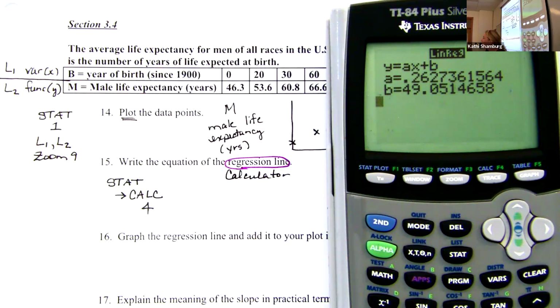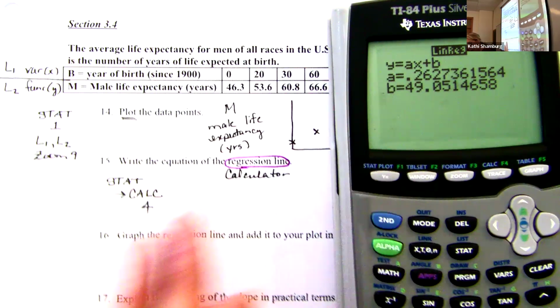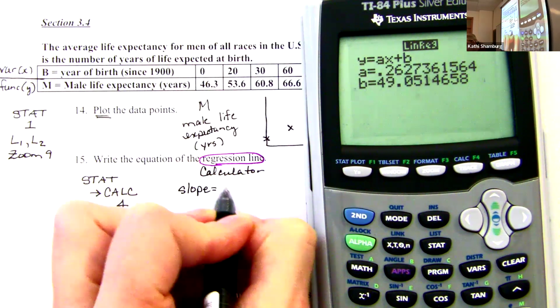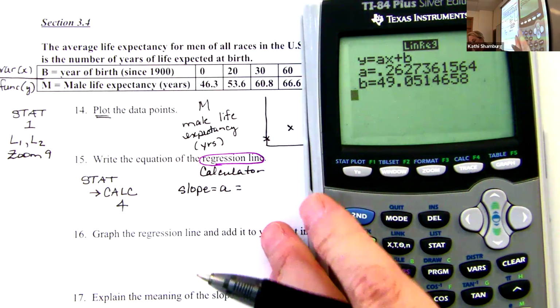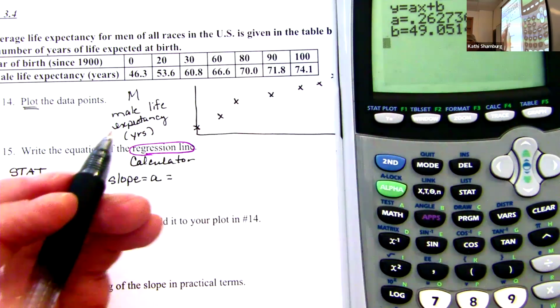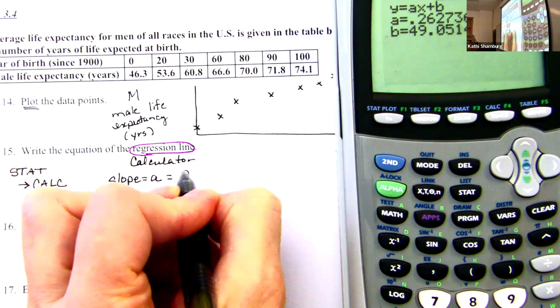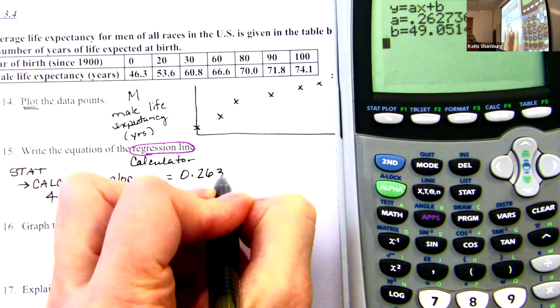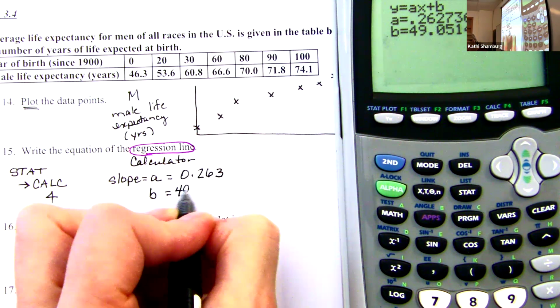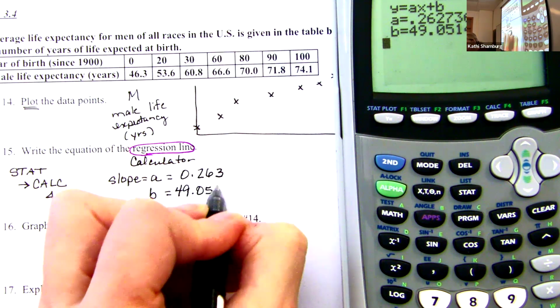And A is our what? Slope. So the calculator tells me that the slope, which it calls A. Now I don't see where it says how many decimal places. Watch on the test. I'm going to go 3. 0.263. And B, my initial value is 49.051.